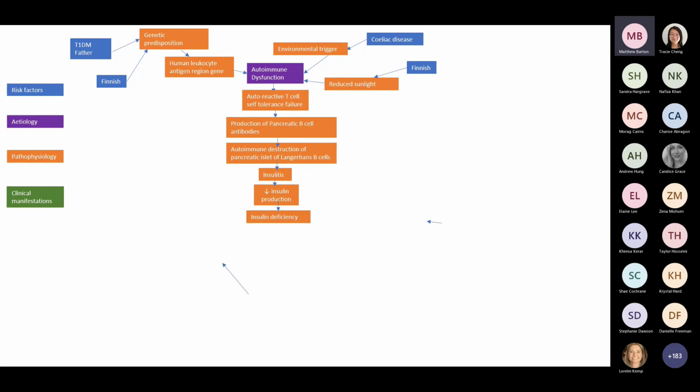Persons that are located towards the ends, so this would be latitude based, at the poles of the planet. So Canada, Alaska, Finland, Norway, are risks, and it's thought that there's something to do with sunlight. Maybe not as strong now with vitamin D. Vitamin D is maybe starting to get taken out of this, but there could be something to do still with the excess of sunlight, particularly in the winter months, that increases the likelihood of autoimmune dysfunction.